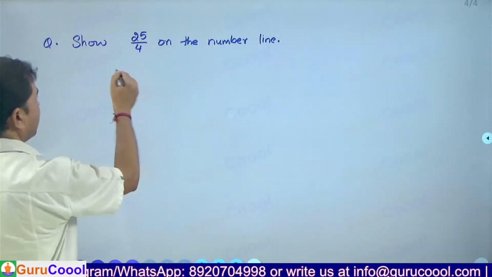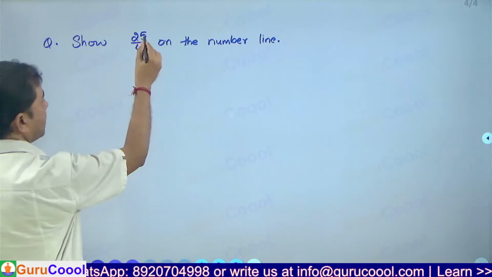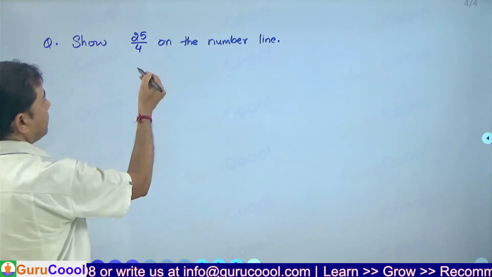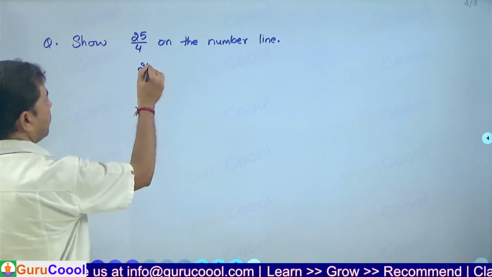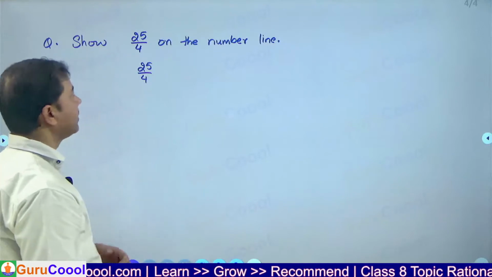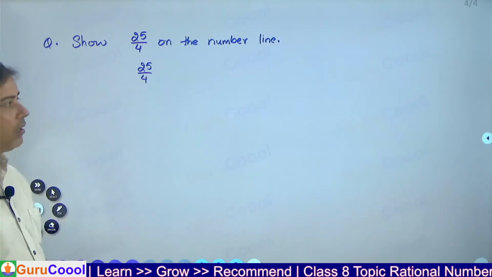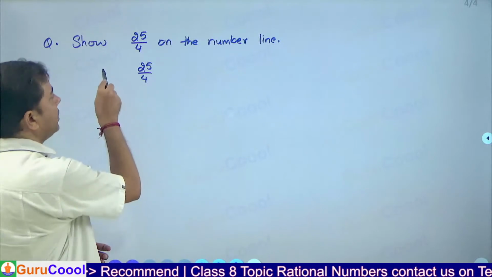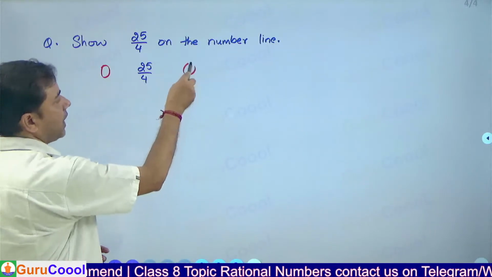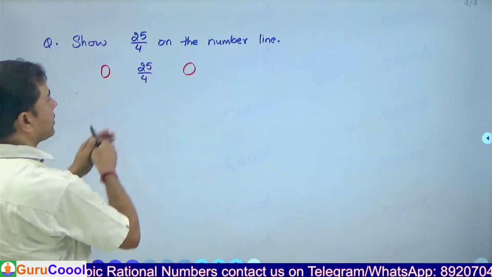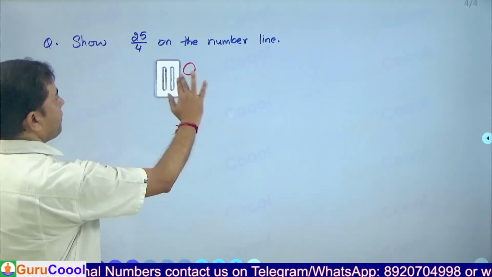25 by 4. So we see this is improper. Numerator is greater than denominator. So 25 by 4 is an improper fraction. This is more than 1. But we still need to know between which two integers this rational number lies.